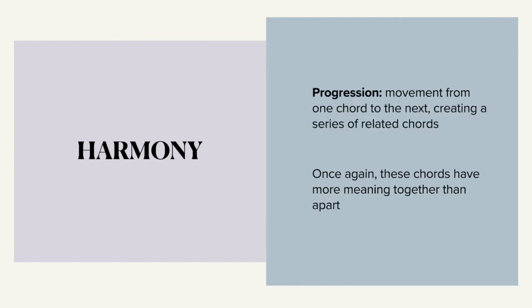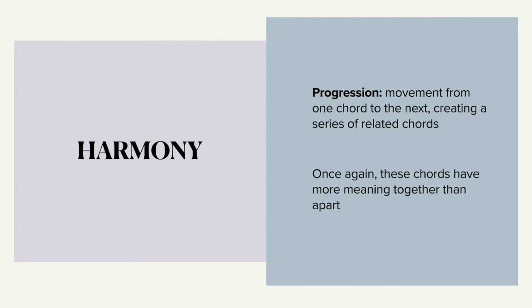All right. One further thing to talk about in harmony, and that is progression. If you have a background, you've probably heard phrases like chord progression. A chord progression is simply when you move from one chord to the next chord to the next chord and so on, and that creates a sort of chord sentence, as it were, that has meaning.